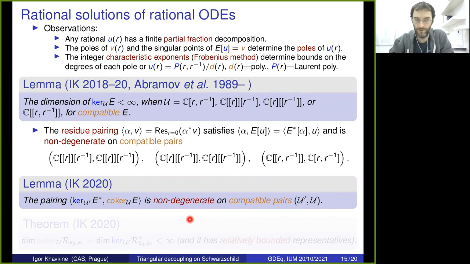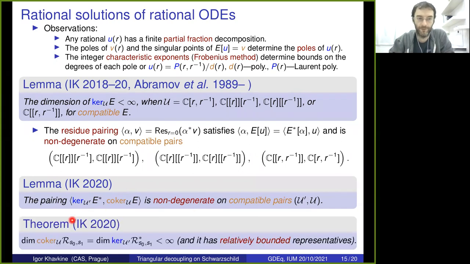I think that's a very nice result. Using that result, and referring back to the finite dimensionality of kernels of rational differential operators, you can conclude that the co-kernels also have finite dimensionality by using the non-degeneracy of this pairing.